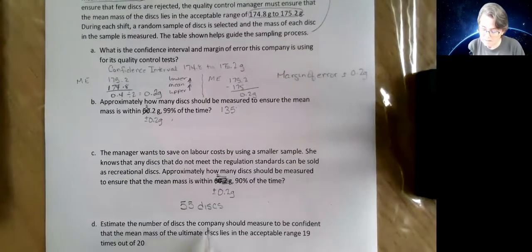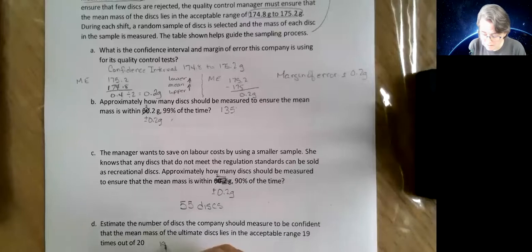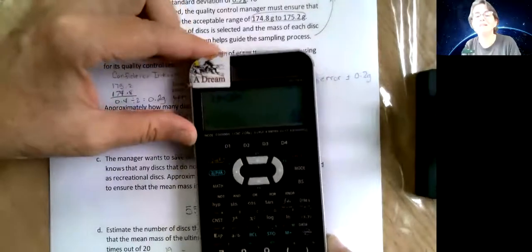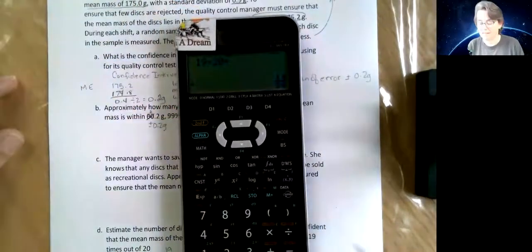Estimate the number of discs the company should measure to be confident the mean mass of the ultimate disc lies within the acceptable range 19 times out of 20. Remember, 19 out of 20. 19 divided by 20 is... I said 19 divided by 20.